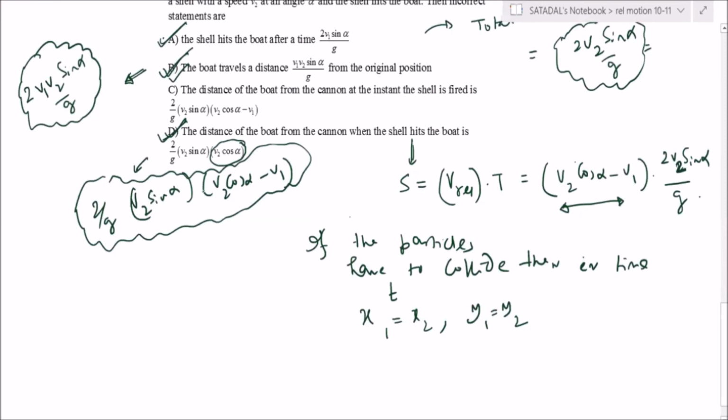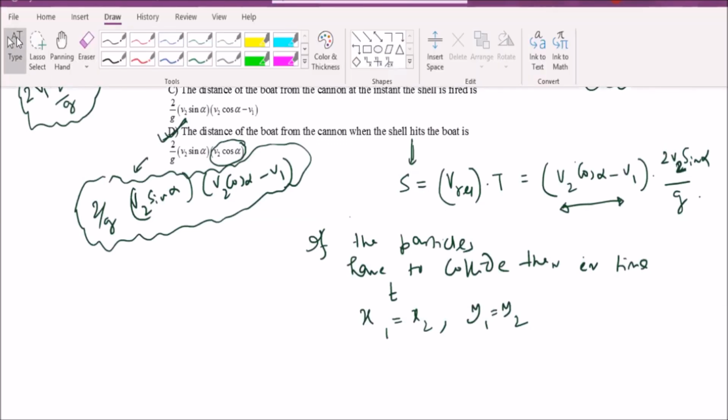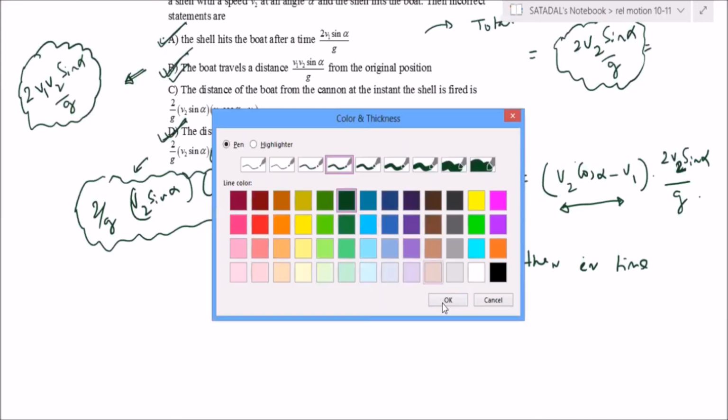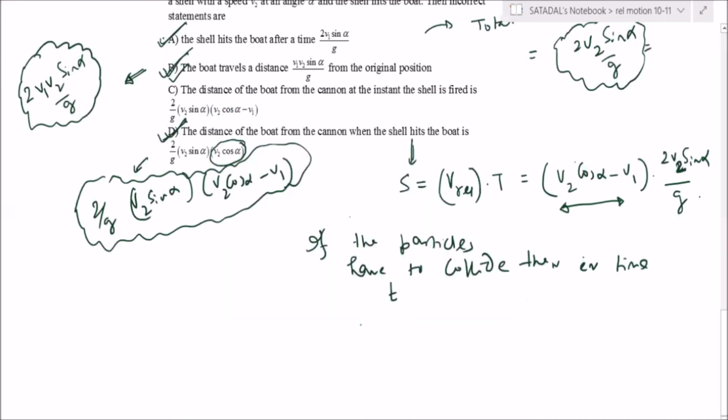Or at best, the thing to remember is: given time t, S relative is equal to L, it will come down to S relative equal to 0.